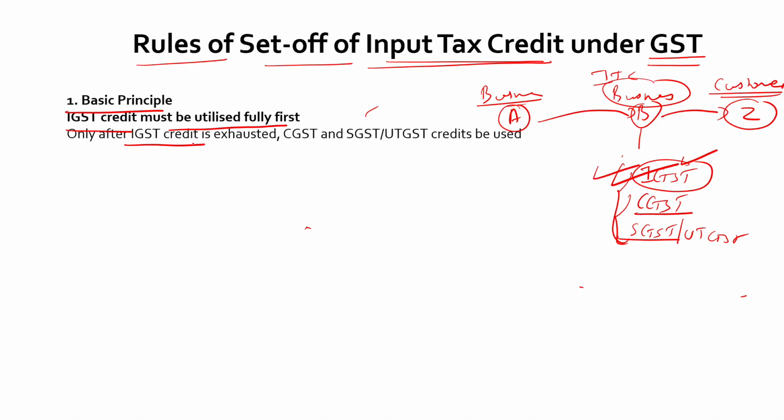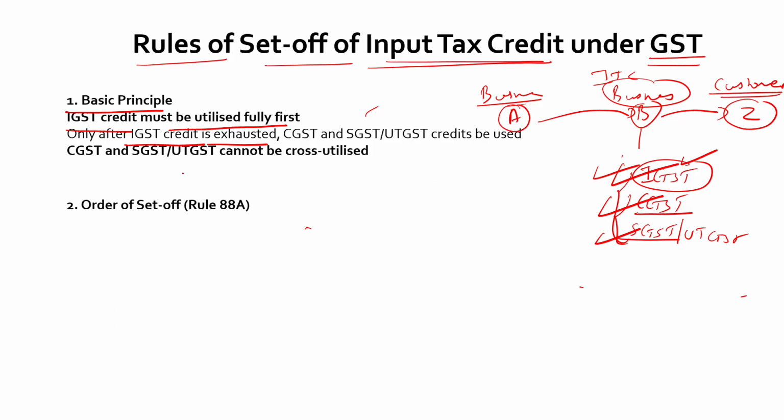Only after IGST credit is exhausted can we utilize CGST and SGST. These points are very, very important. One more important point is that CGST and SGST cannot be cross utilized. We will try to understand this with the proper order of set off.